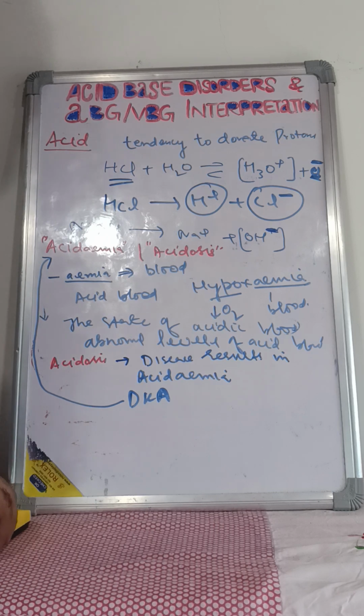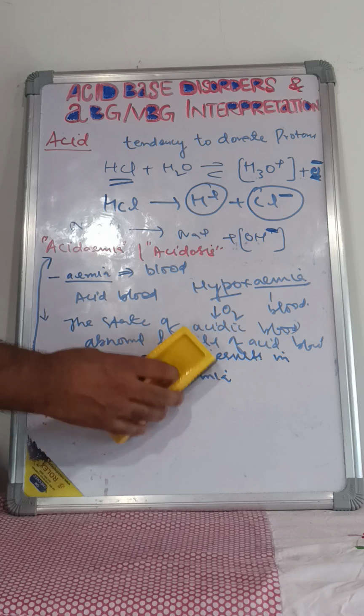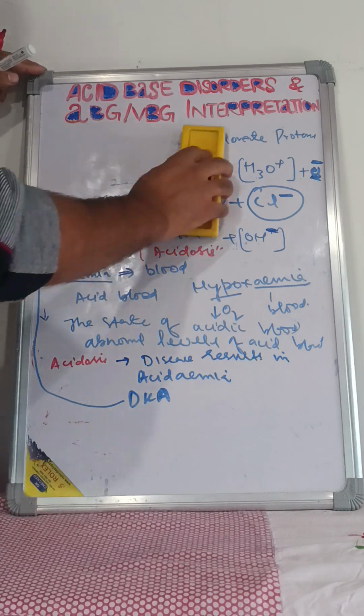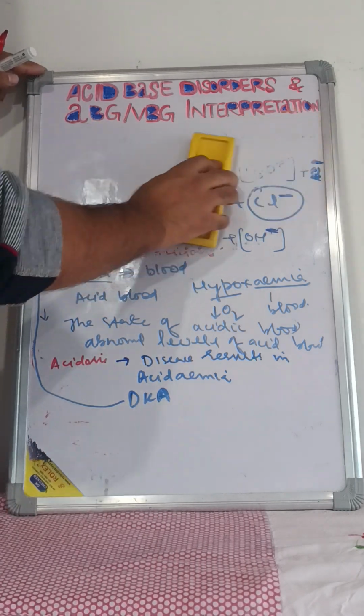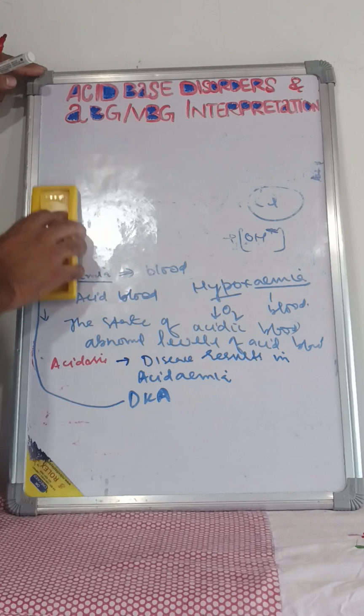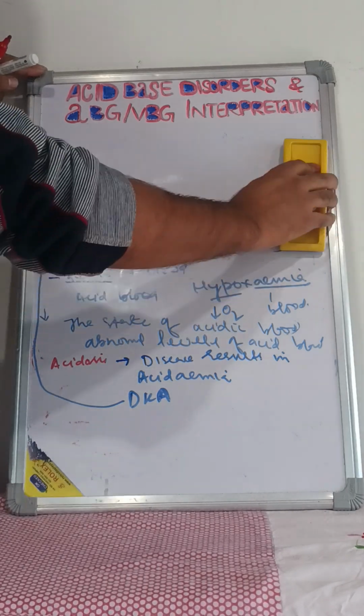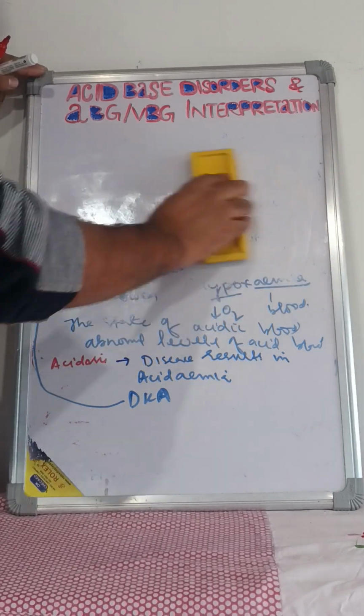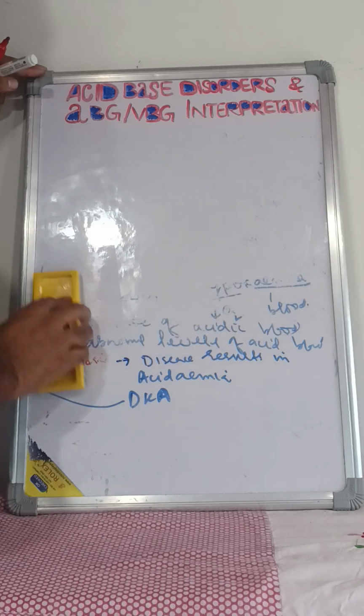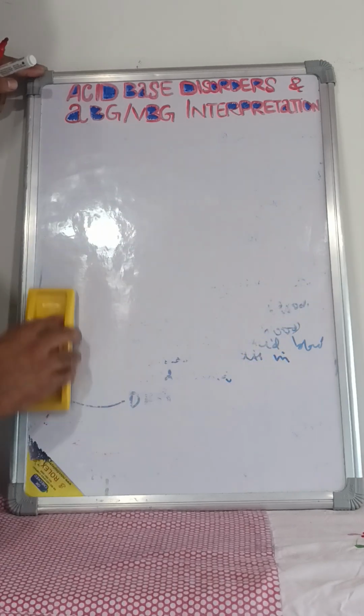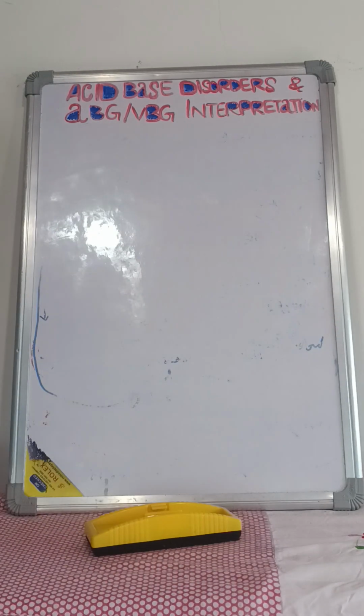We are going to see our next concept, that is the normal values of various parameters in blood.